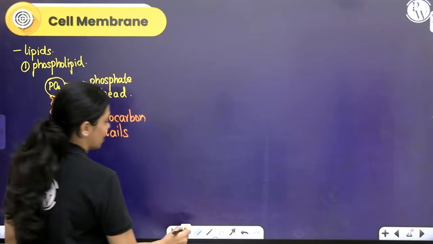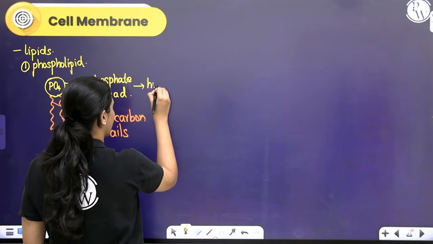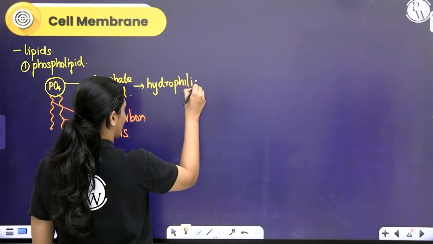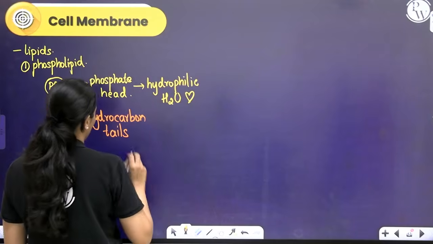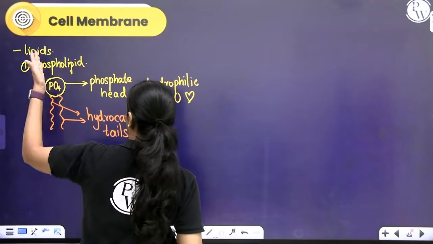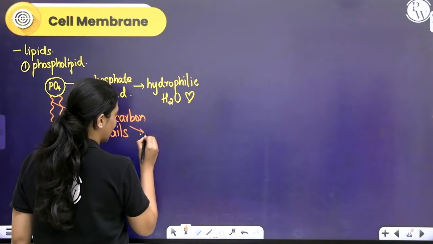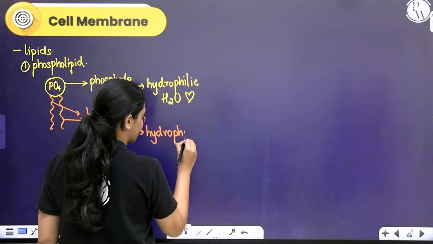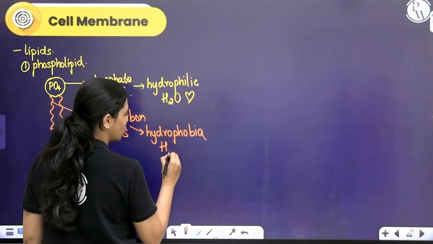Now, these phosphate heads are hydrophilic, which means they like water. But the hydrocarbon tails, they are lipids, no? Lipids don't like water. This part of the lipid does not like water. So these are hydrophobic. Hydro means water, phobia means fear, philia means liking. Hydrophobic, they do not like water.